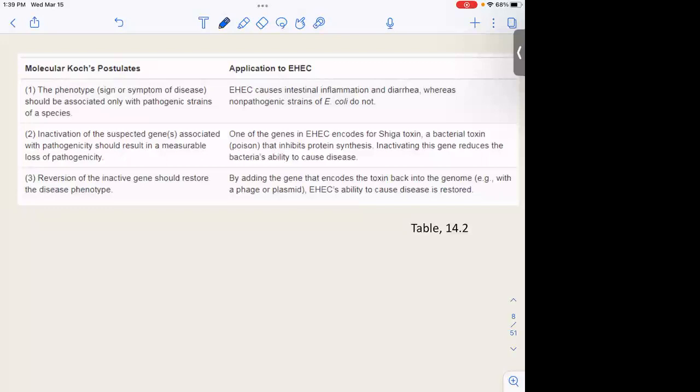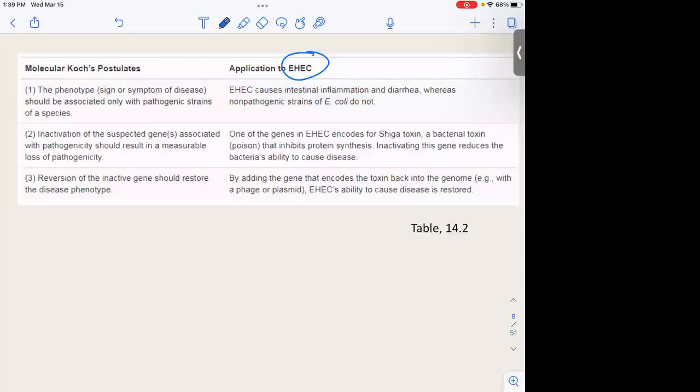In the case of this infection that they use, EHEC, that's a strain of E. coli that causes really nasty diarrhea, something that can actually ulcerate the large intestine and cause a bloody diarrhea. So these are the steps, molecular postulates, that we can take to try to figure out what gene is causing a particular, in this case, verotoxin.